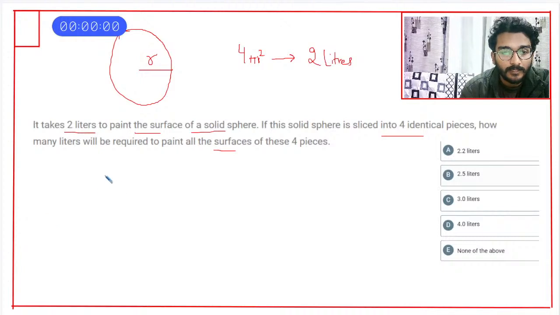If it is cut in 4 identical parts, imagine it would be something like this. Let's say it has been cut into 2 equal parts first of all. So if I cut it in 2 equal parts, I will get 2 hemispheres.